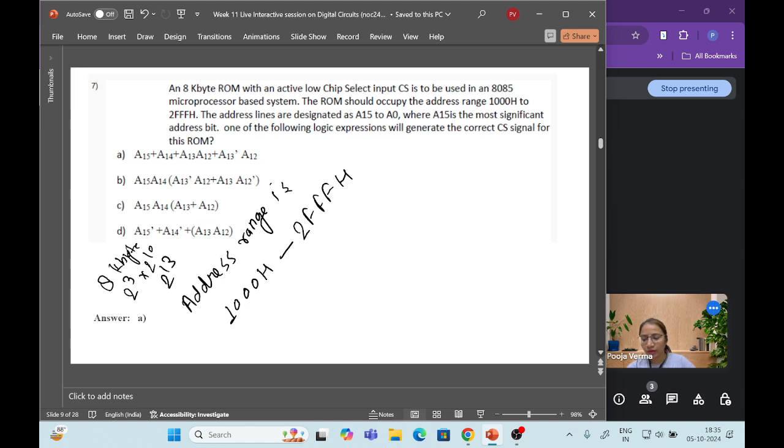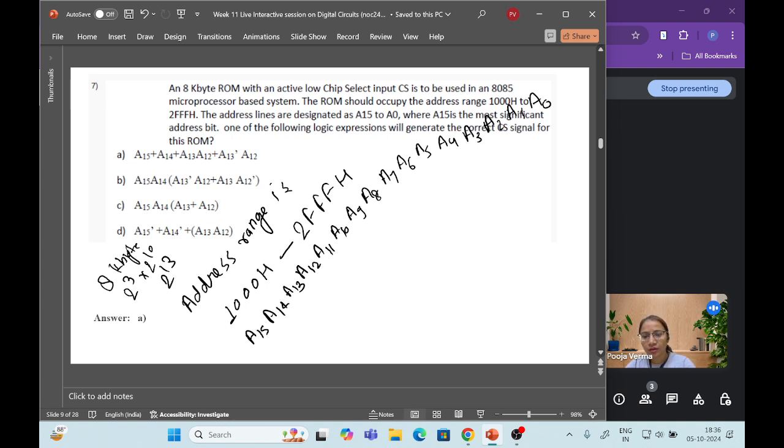Okay, so let's see. The address lines are designated A15 to A0, and A15 is the MSB, as we already know. A14, A13, A12, A11, A10, 9, 8, 7, 6, 5, 4, 3, 2, 1, and 0.